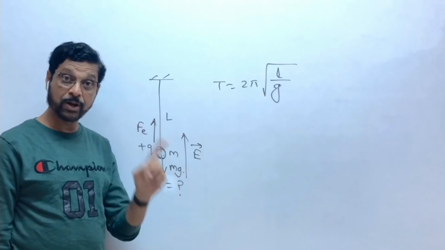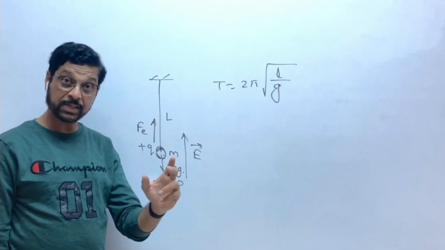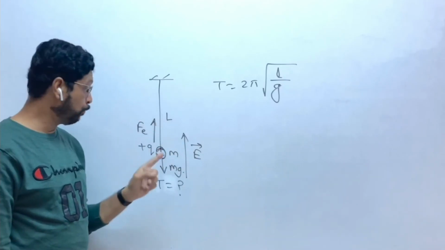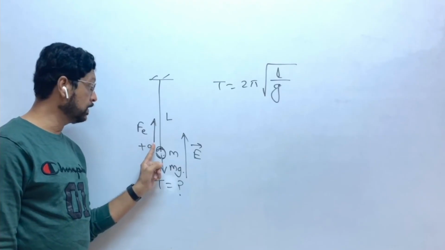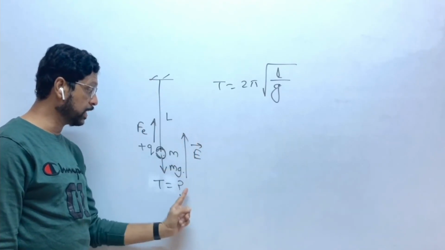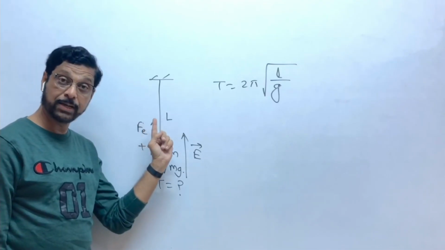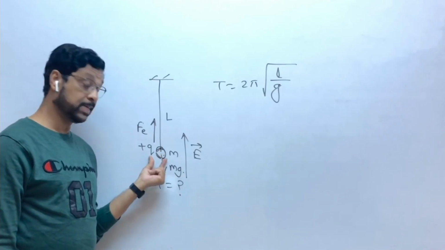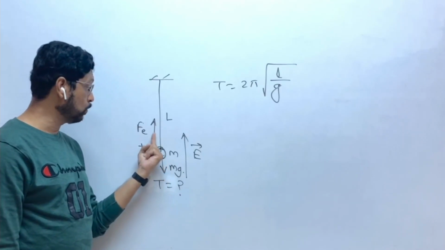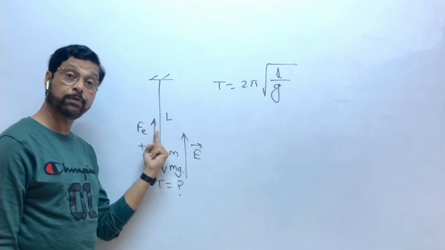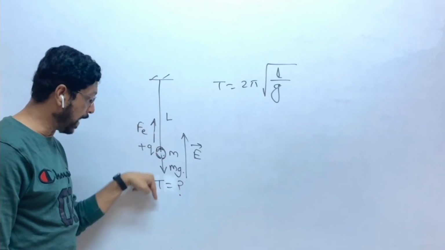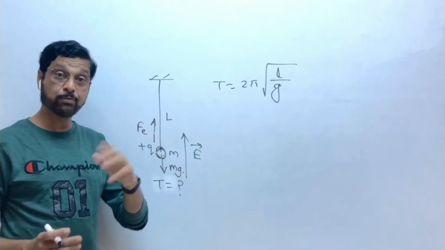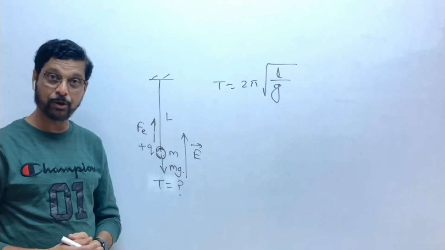When a charge is kept in the electric field, the force on the positive charge is in the direction of the field, and force on the negative charge is in the opposite direction of the field. Here, the sphere is carrying positive charge, means the force due to electric field will be in the direction of electric field. So weight is acting downward, force due to electric field is acting upward. Due to that, the net weight will decrease, so acceleration will also decrease.